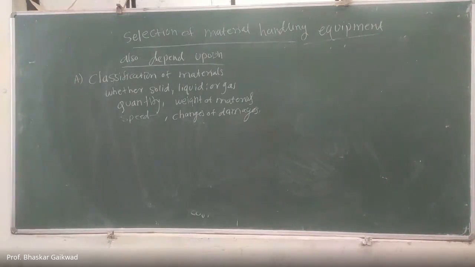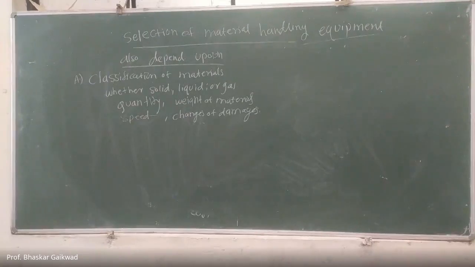Again, these three parts you have to consider. Chances of damage while handling delicate materials, just like glass or paper, there is a chance of damage. So accordingly, you can classify the material. And on the basis of this, we can decide the equipment required for material handling.